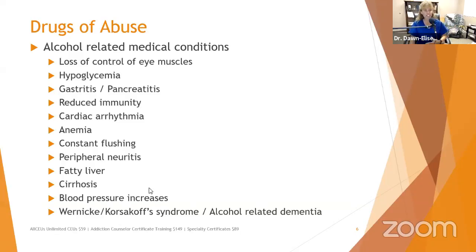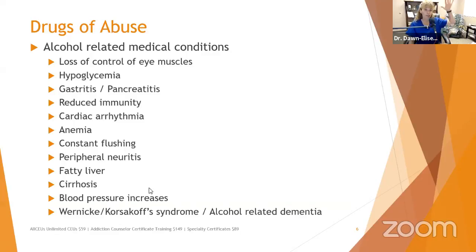All of those digestive organs get hit pretty hard with alcohol, and alcohol increases the risk of a lot of different cancers, including stomach and bladder cancer. But I digress. So reduced immunity, cardiac arrhythmia.